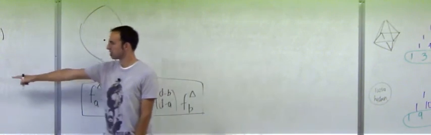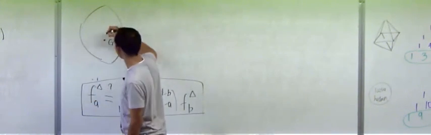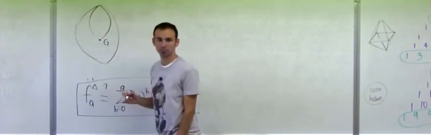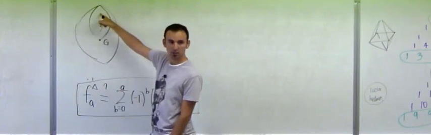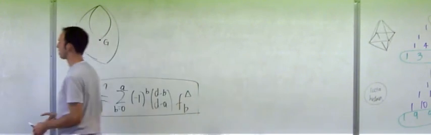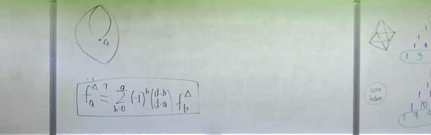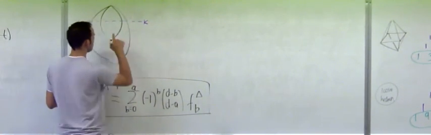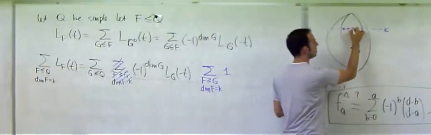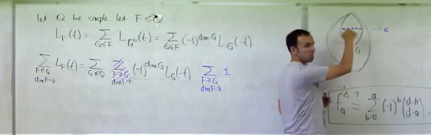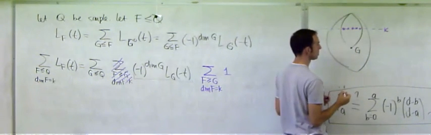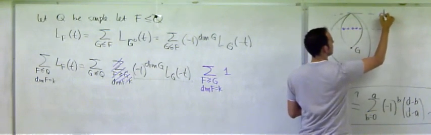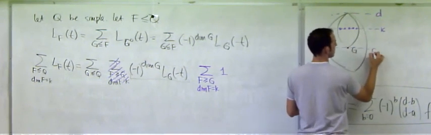And now this summation is over the faces that are above G. So these are the things above G and at level k. So I'm summing over these guys over here. In other words, I'm just counting how many things are in this interval. Okay? Now this is level d, and this is level dimension of G.